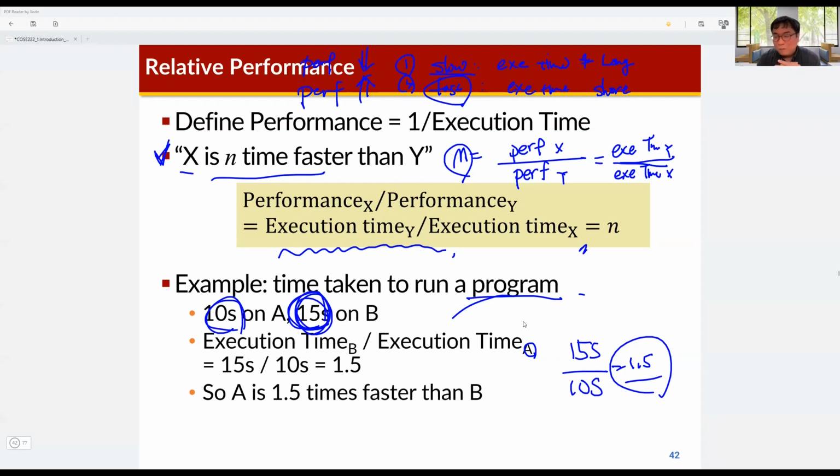But performance is a very important part of the computer system. In chapter 1, performance is the most important topic. So I frequently make exam problems to compare the performance of two different systems.